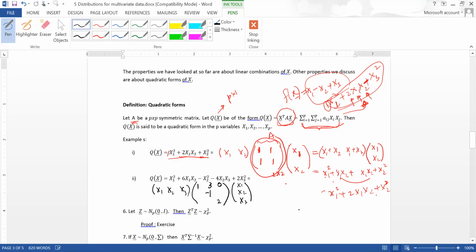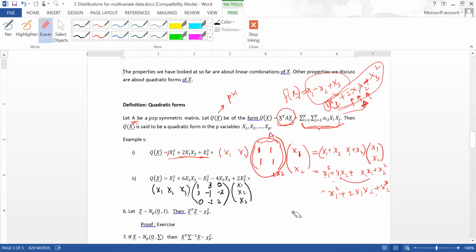Then this element is the x2x3 coefficient divided by 2. So minus 4 divided by 2, minus 2. It's a symmetric matrix. So here it's 3, here 0, here minus 2. That's the A matrix.